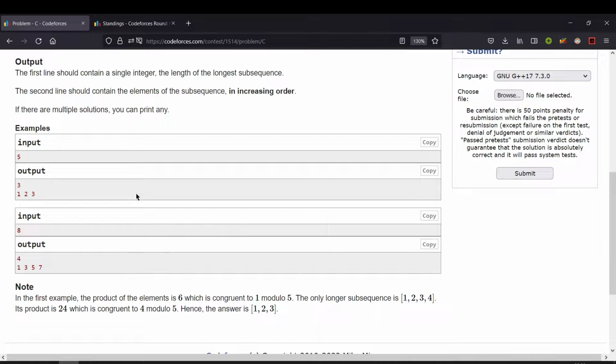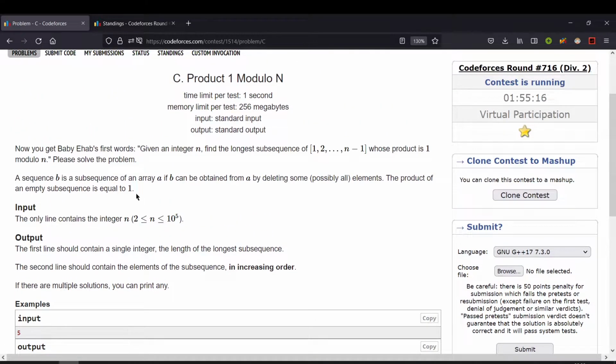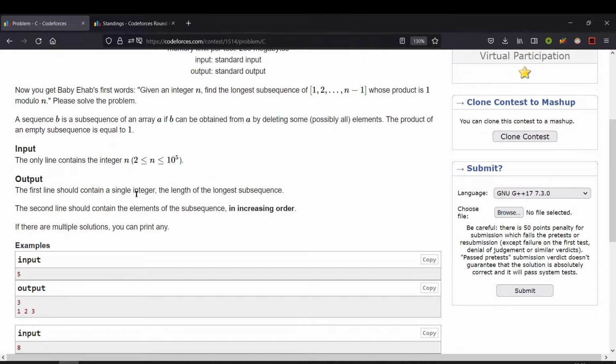Then we have to get a remainder of 1, so the product should turn out to be something like, it cannot be 1, because, yeah, it can be 1. But the thing is, we have to get the longest subsequence. So the minimum answer will always be 1, of course.